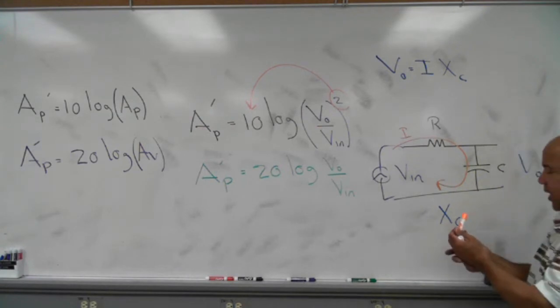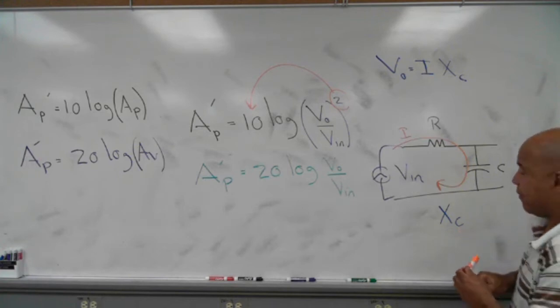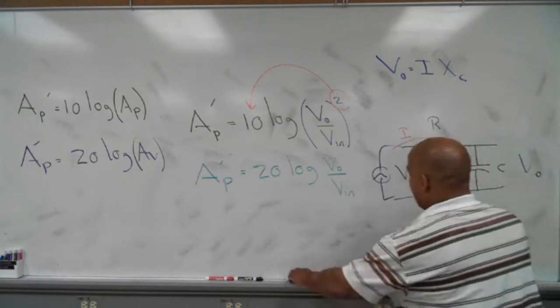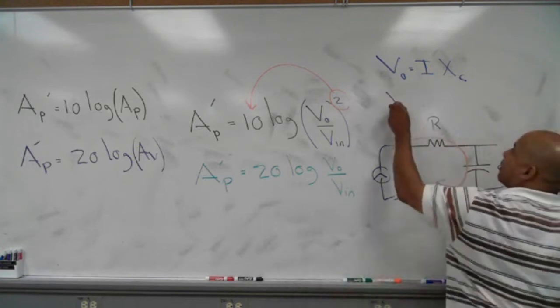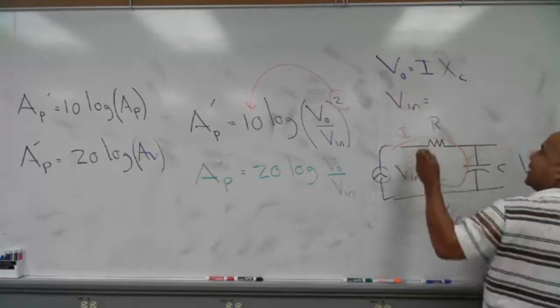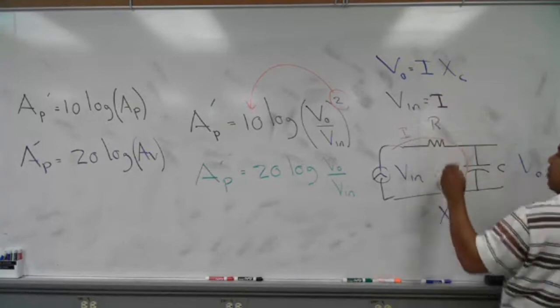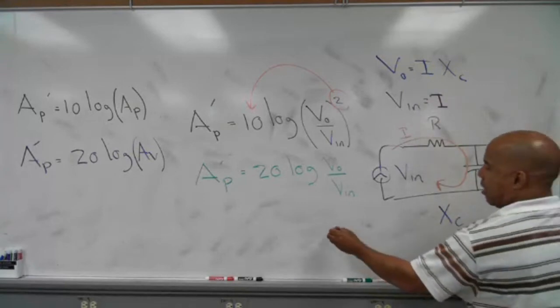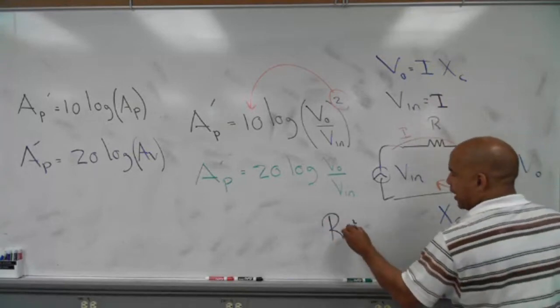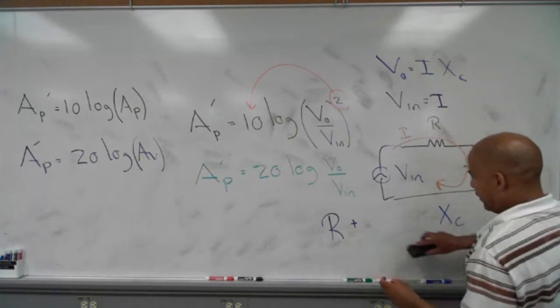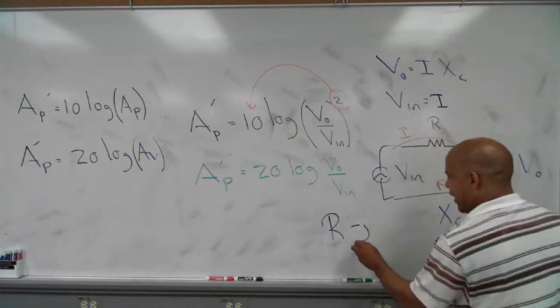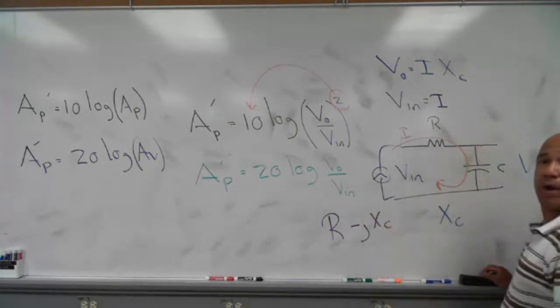And okay, I see that. Now, how would I get V in? Well, V in is just going to be the current multiplied by R, or actually minus jXC in polar form, right?